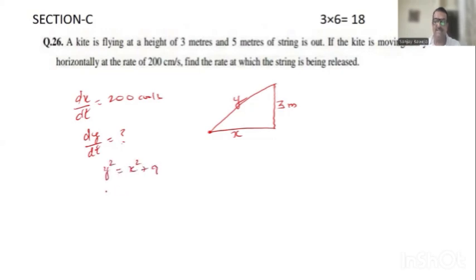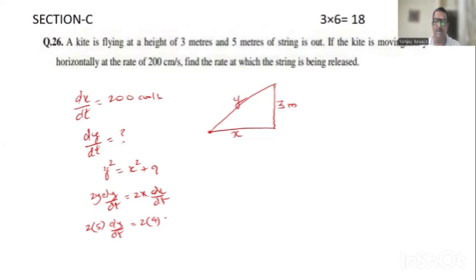You differentiate this with respect to t, 2y dy by dt is equal to 2x dx by dt. You can plug in the values to get the answer to the question. y is given to you as 5, dy by dt we have to find, and x is given to you as 4, because if y is 5, x will be 4, and dx by dt is 200 centimeters.